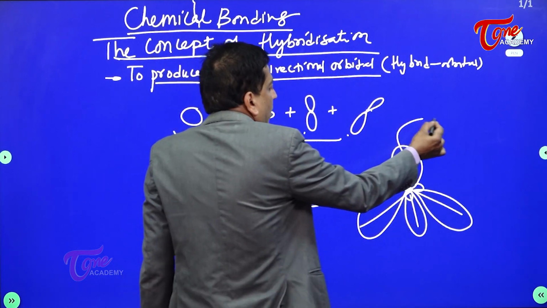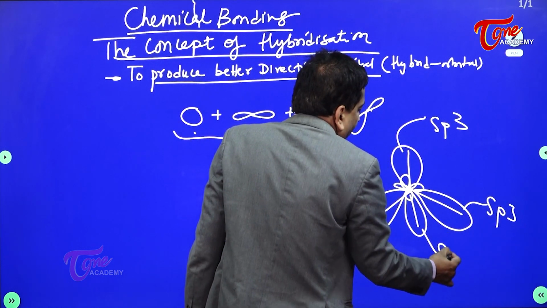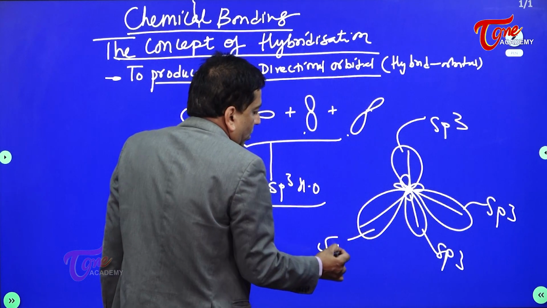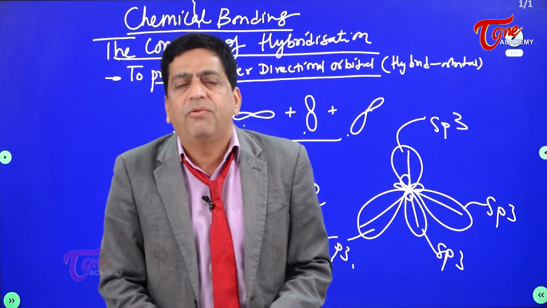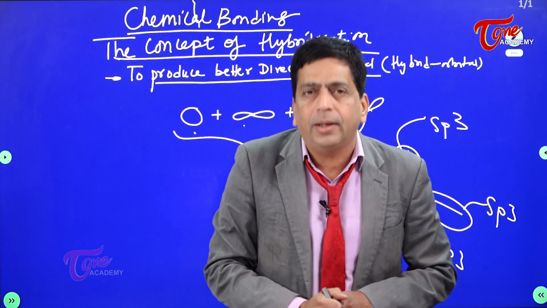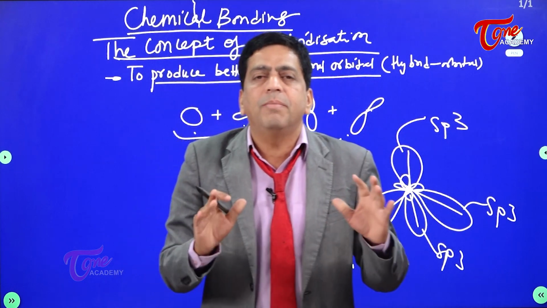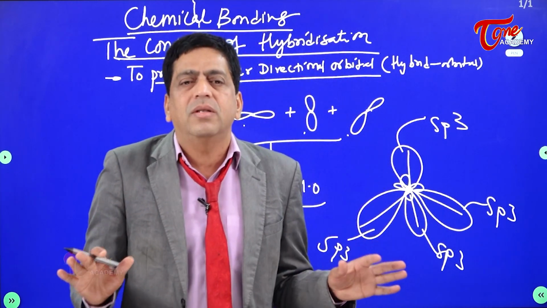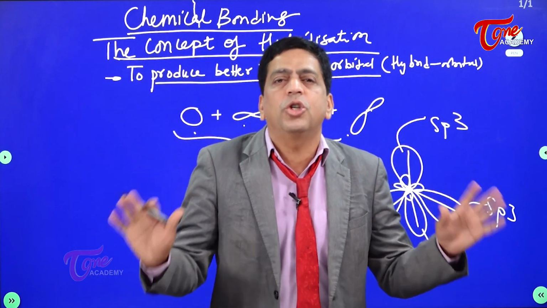Now this is sp3, this is sp3, this is sp3, and this is sp3. Remember that. And this is what an atom is doing before inviting the partner for bonding. So understand hybridization. It's basically intermixing of atomic orbitals like this, and sit in positions.